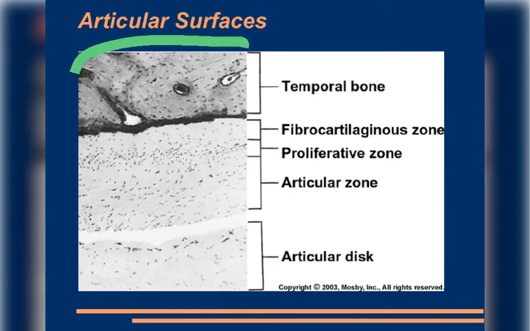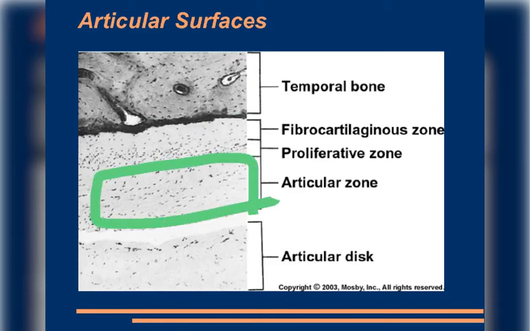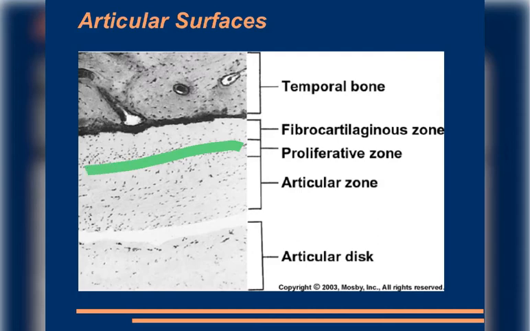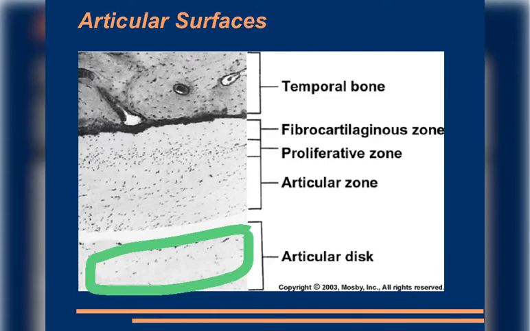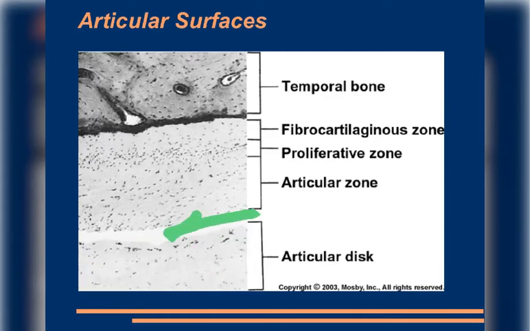Then we have the temporal bone. You see here the articular zone is thicker, but the other layers are thinner. The proliferative zone, fibrocartilaginous zone, and calcified cartilage zone are all very thin. This is the articular disc, and this is the superior joint cavity.